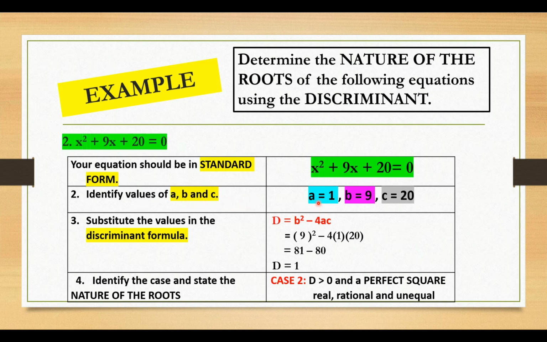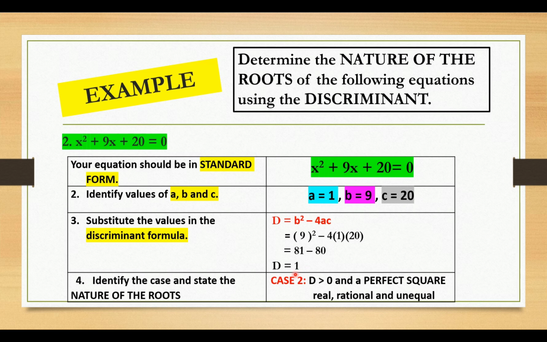We have a equals 1 from the quadratic term, b equals 9 from your linear term, and c equals 20 from your constant term. Step 3, use the discriminant formula, b squared minus 4ac, then substitute the values. B is 9, squared, minus 4 times 1 for a and 20 for c. Simplifying, that would be 81 minus 80, and your discriminant is equal to 1.